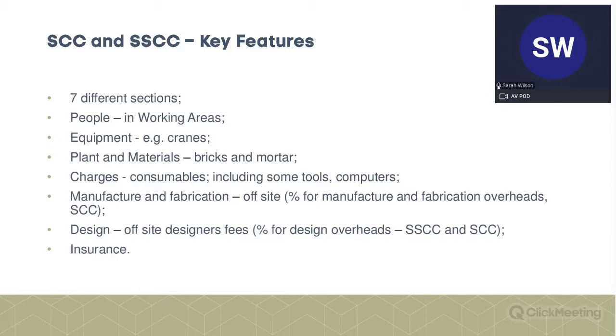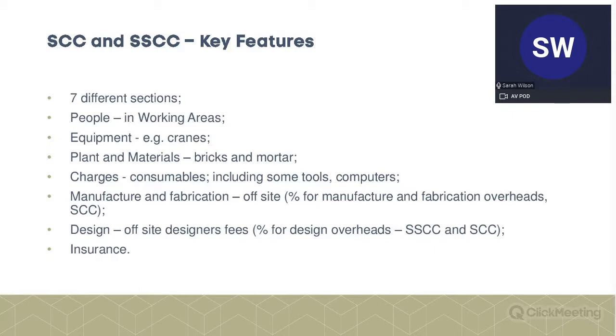Next one, a bit of a funny one, it's charges. It's sort of a miscellaneous bag of things. So it's consumables, so it's cost of electricity, water, some, as it says there, some tools, things like computers, the equipment that goes in your site cabins.